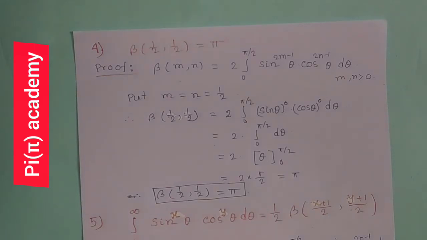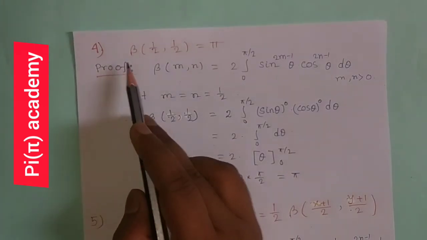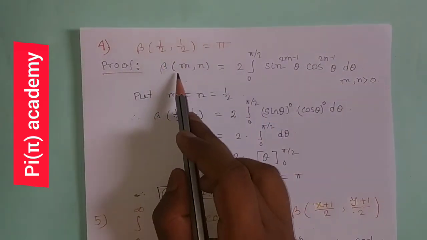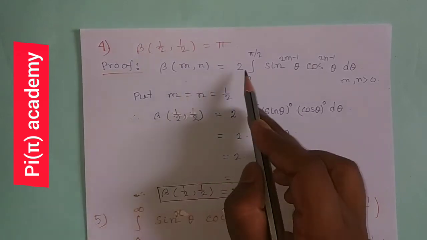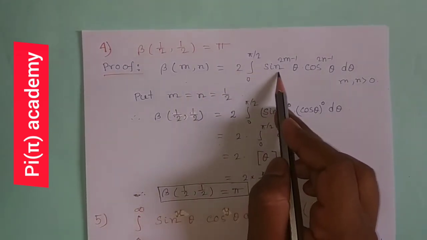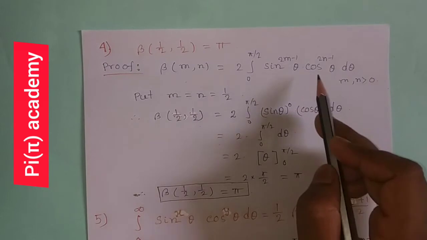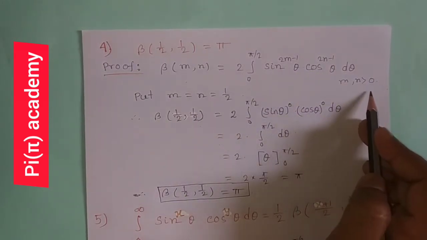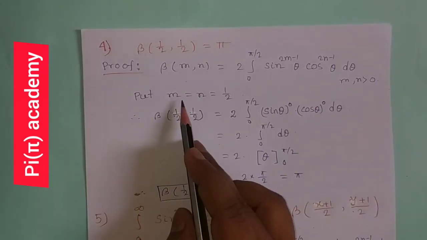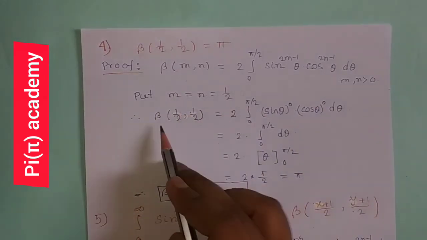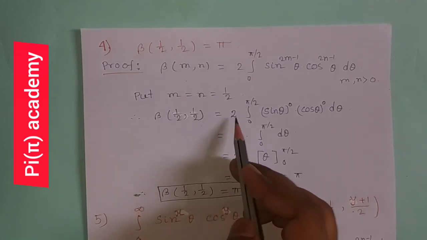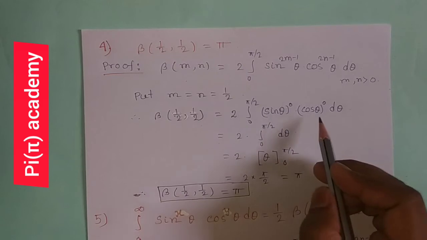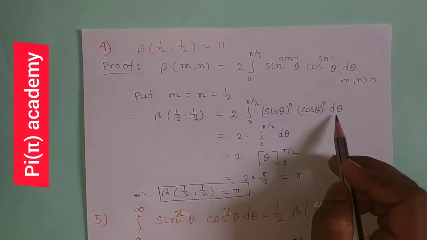Now we establish property number 4, that is beta half comma half equal to pi. We know beta mn equal to 2 into integral 0 to pi by 2 sin to the power 2m minus 1 theta cos to the power 2n minus 1 theta d theta, where m and n greater than 0. Put m equal to n equal to half. Therefore beta half comma half equal to 2 into integral 0 to pi by 2 sin theta to the power 0 and cos theta to the power 0 into d theta.